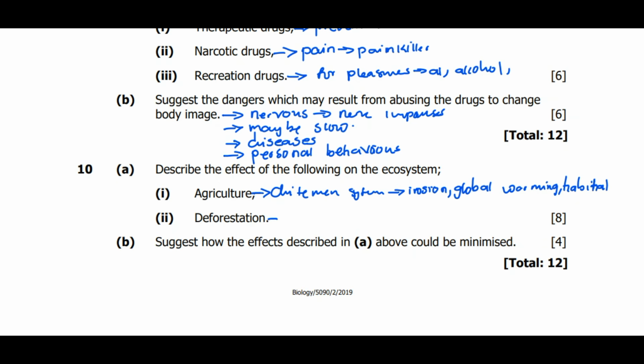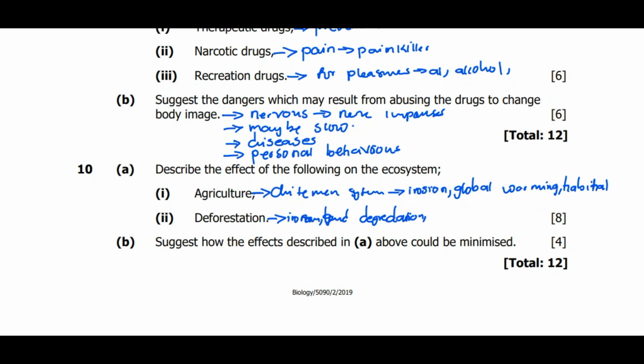This is the same as deforestation. So deforestation also has to do with soil erosion. Then it also has to do with land degradation. So we may have land problems because of this. Then we know that plants give us oxygen during the day.